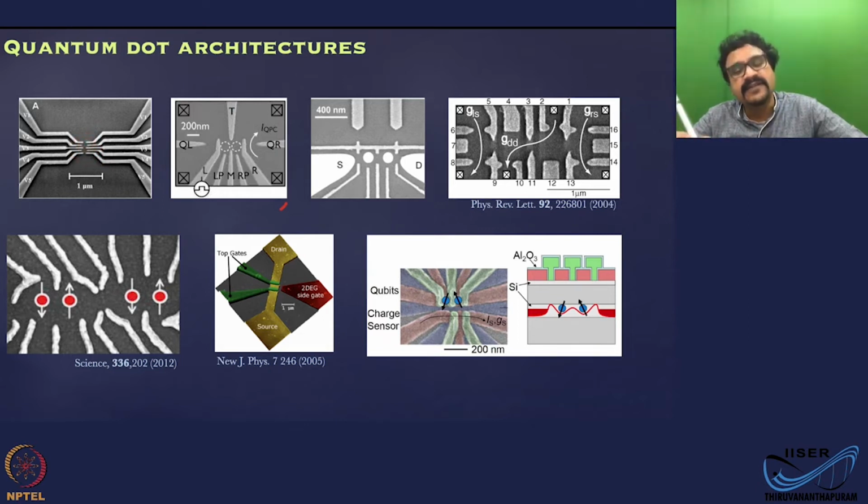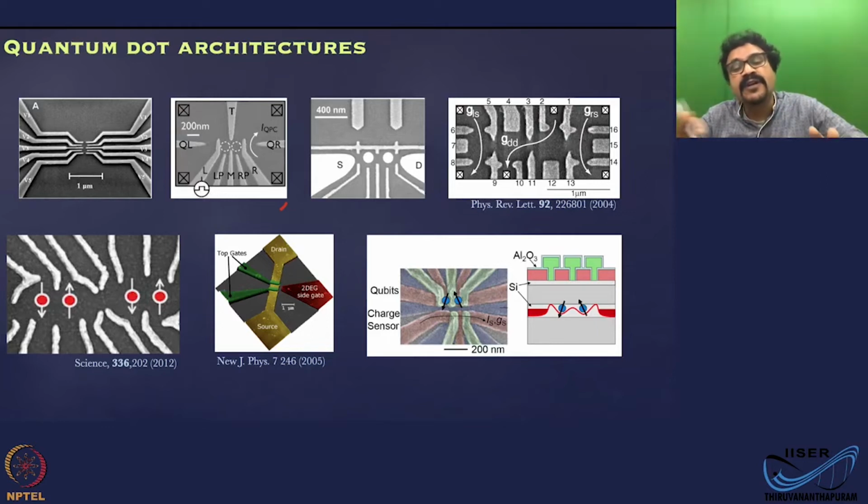Okay, but there is no readout device for this one. So this is okay if you are measuring current through the device. But remember, when you go to the pure electron regime, the current through the device is very, very small, and you cannot use current as a readout probe.